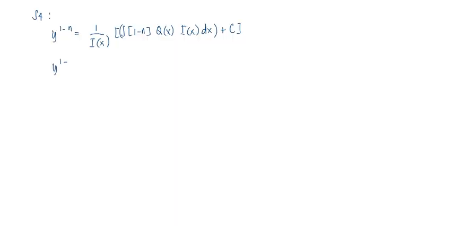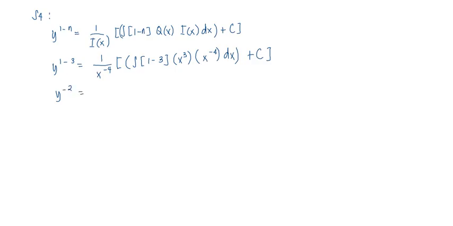So 1 minus 3 is equal to 1 over our integrating factor, which is x raised to negative 4, so 1 over x raised to negative 4 times the integral of 1 minus 3 times our q of x. q of x is x raised to 3 times our I of x, which is x raised to negative 4, dx plus c. And then we simplify 1 minus 3: y raised to 1 minus 3 is negative 2.